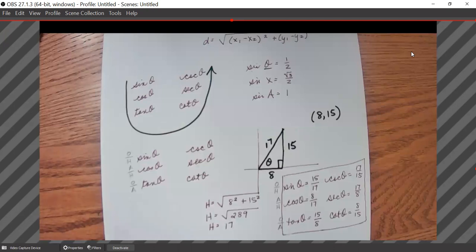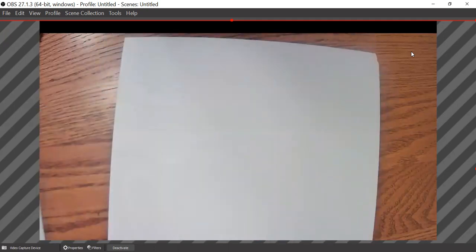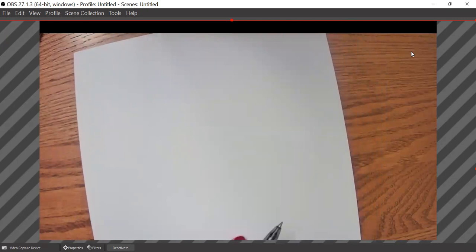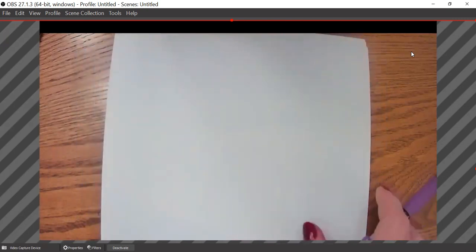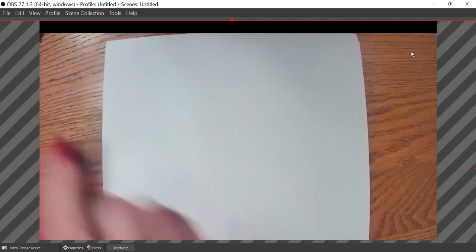Okay, let's try it again. Let's look at example 2, on page 142. The terminal side of angle theta in standard position passes through the point -3, -4.